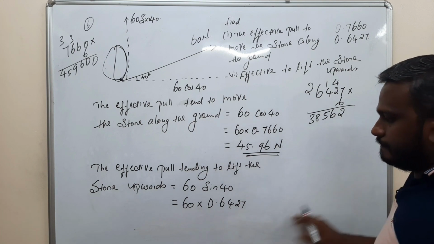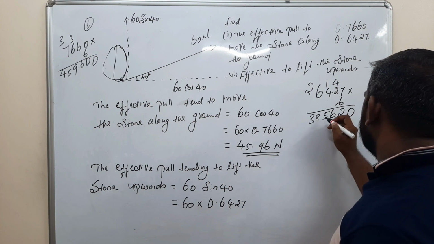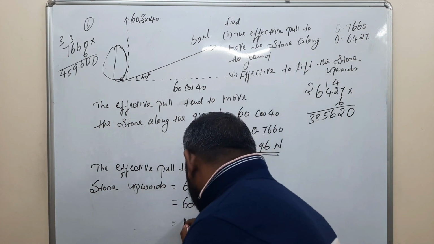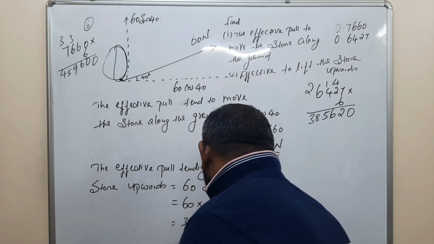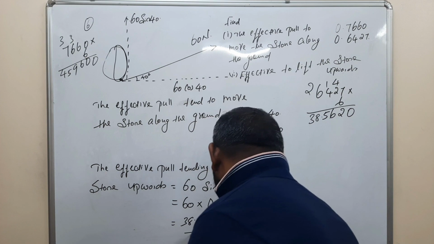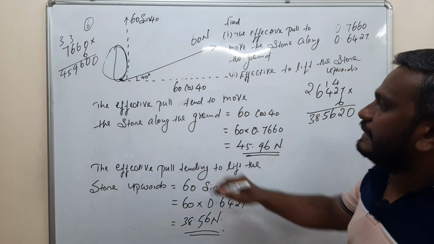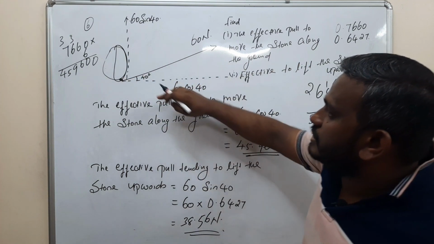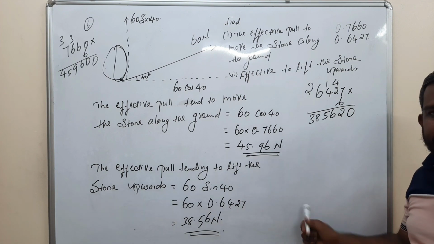So 4 digits, 1, 2, 3, 4. So 38.56 Newton. So this is the force tending to move the stone along the ground, and this is the force tending to move the stone upwards.